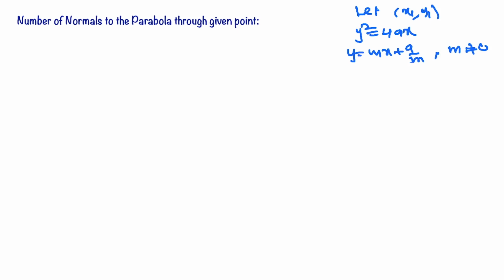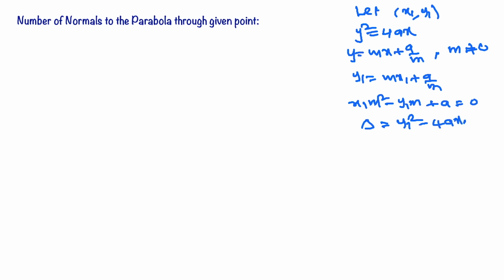If this tangent passes through the given point (x1, y1), then we should have y1 = mx1 + a/m. That should give you a quadratic equation, x1m² - y1m + a = 0, whose discriminant is going to be y1² - 4ax1, that is S11.